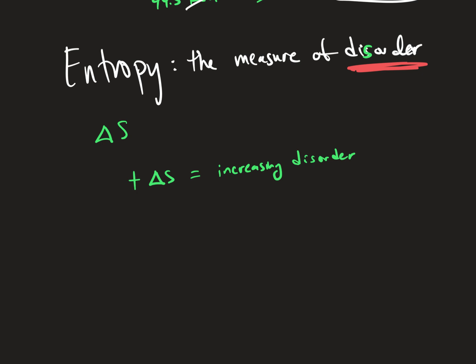So disorder is a negative word, right? Dis. So naturally we think that's a negative, yeah? But remember, entropy is the measure of disorder. There's more disorder, that means it's positive. Good? If we have a negative delta S, that's decreasing disorder.